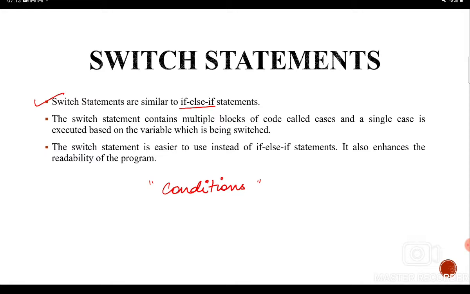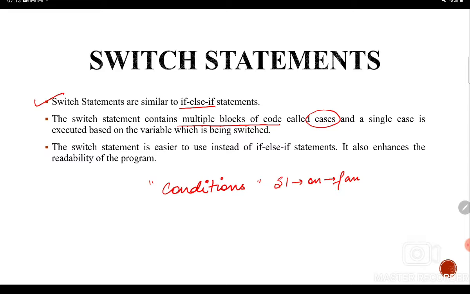The switch statement contains multiple blocks of code called cases. We have to remember that these blocks of code are basically called cases, and a single case is executed based on the variable which is being switched. Like suppose I have switch 1, and if this is on, my fan is switched on, right?